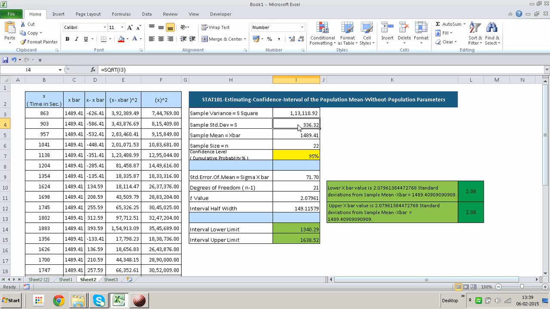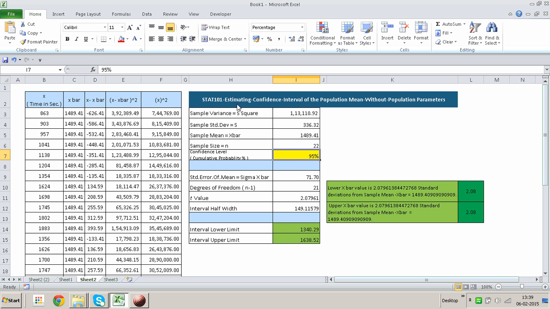And the standard deviation is of course the square root of this particular figure. And the sample mean X bar we've already calculated, that is 1489.41, and the sample size is n. We've gone ahead and counted our sample size. The confidence level that we want, or the cumulative probability percentage that we want, is 95% over here.